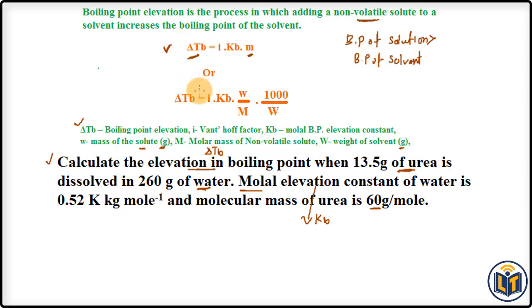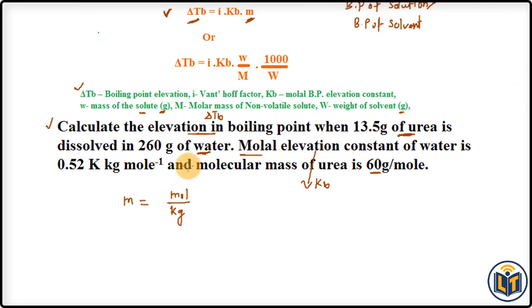Before we apply this formula, we need to calculate the molality of the solution. We know that molality of the solution is moles of solute upon the mass of solvent in kg. So first we convert the mass of urea into moles. Here we have 13.5 gram urea, and the molecular mass of urea is given as 60 gram per mole.